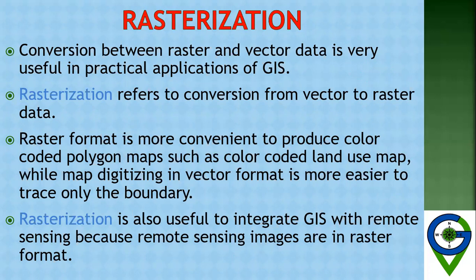Raster format is more convenient to produce color-coded polygon maps such as a color-coded land use map, while map digitizing in vector format is easier for tracing only the boundaries. Rasterization is also useful to integrate GIS with remote sensing because remote sensing images are in raster format.